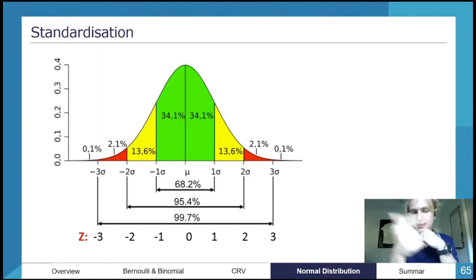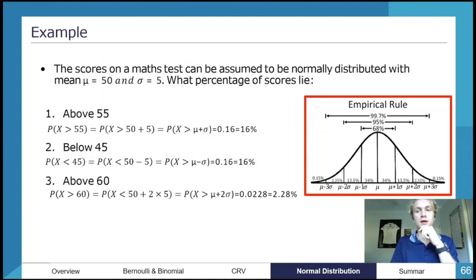So Z equals -3 is three standard deviations that way from the mean. Alternatively, here, Z equals 2 is two standard deviations that way. And then we have our probability. The area under this would all be 1. And this is called standardization, as per the 68, 95, 99.7% rule. Example.